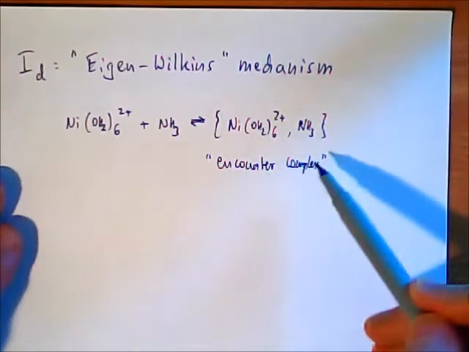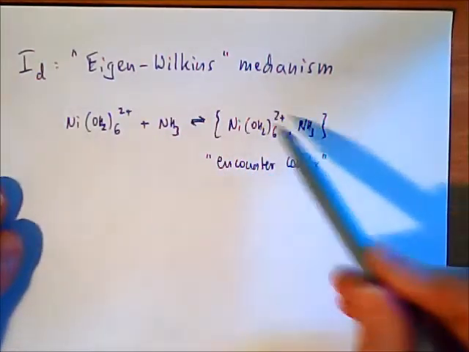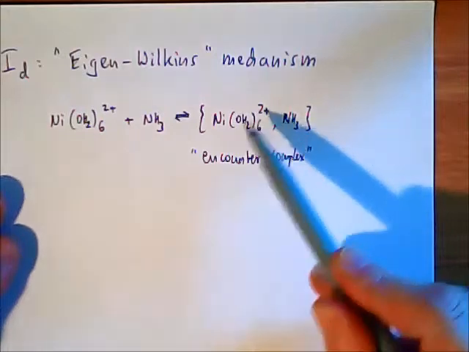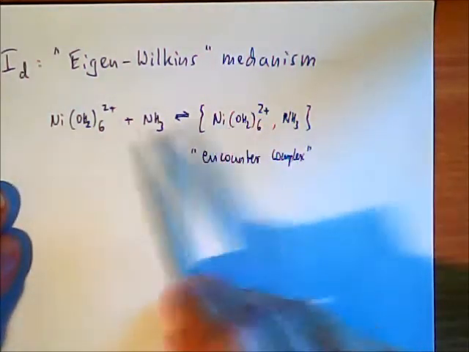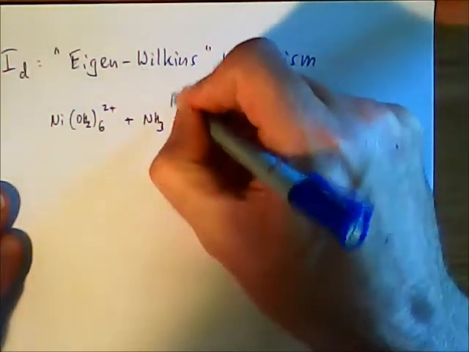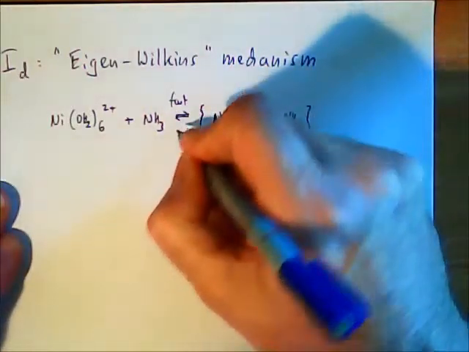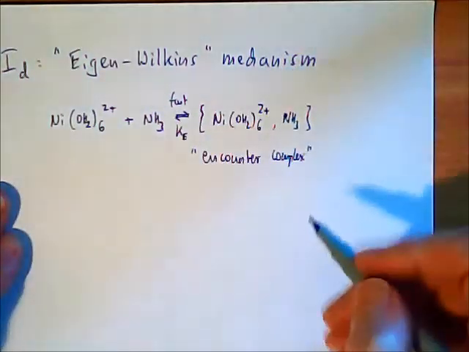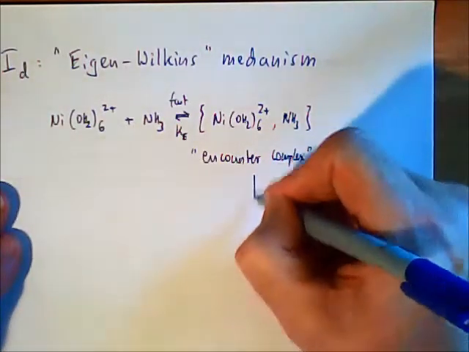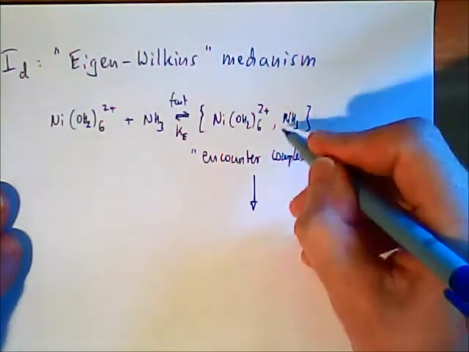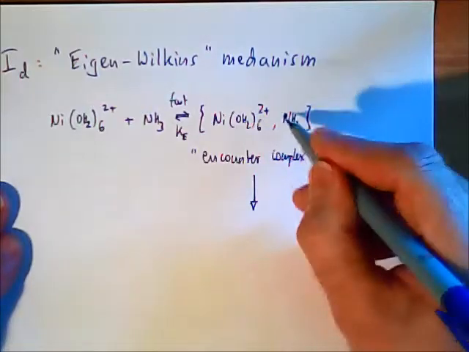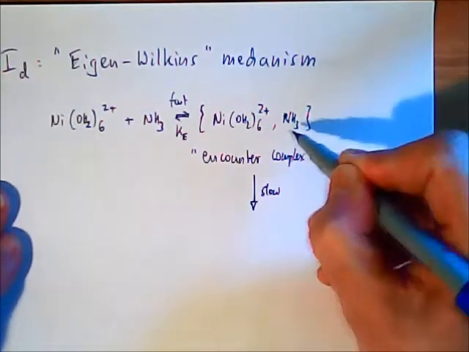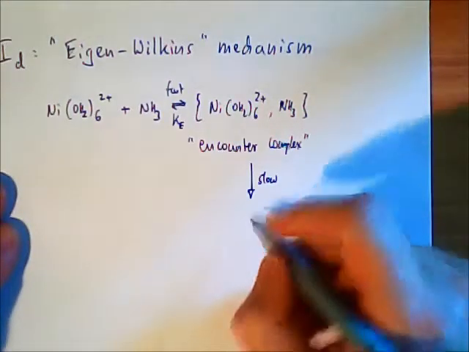It cannot be isolated and it has a very short lifetime. And this encounter complex is formed very fast. This is a fast equilibrium, and we can describe it with the equilibrium constant Ke. In this encounter complex now can happen the real exchange, and this exchange of water against ammonia is a slow process.